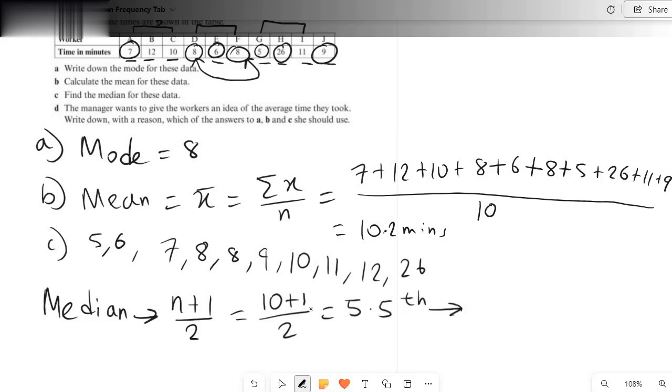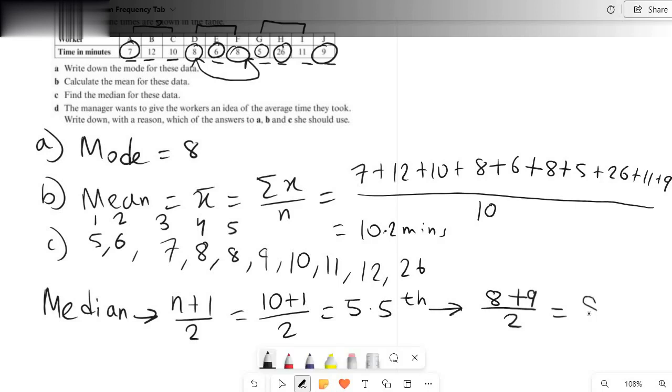If you look, this is the first, second, third, fourth, fifth, and this is the sixth. So the fifth term is 8 and the sixth term is 9. The average of those is (8 + 9) / 2, so this is going to be 8.5 minutes.